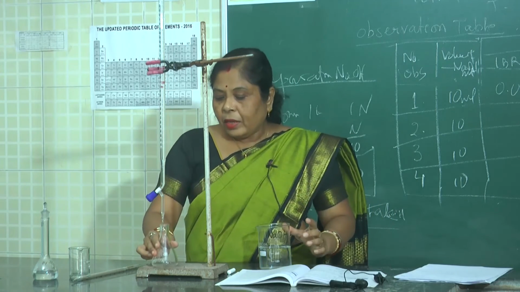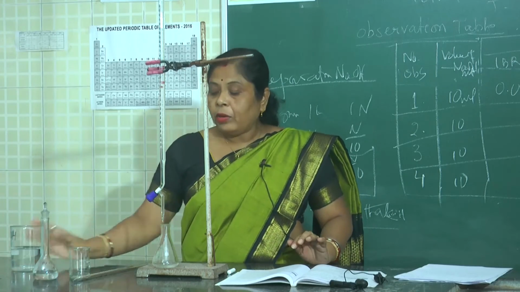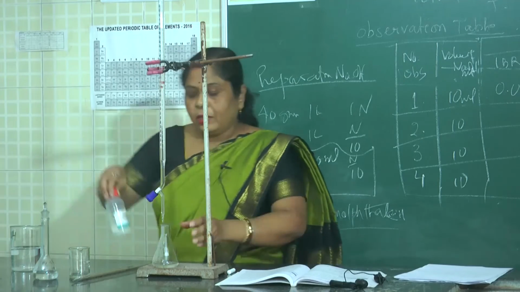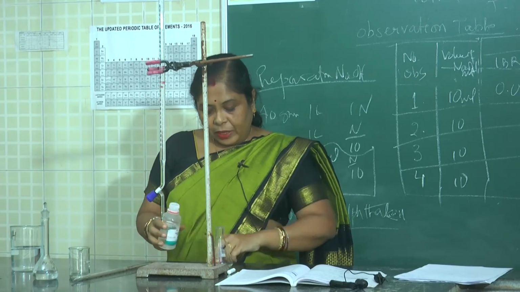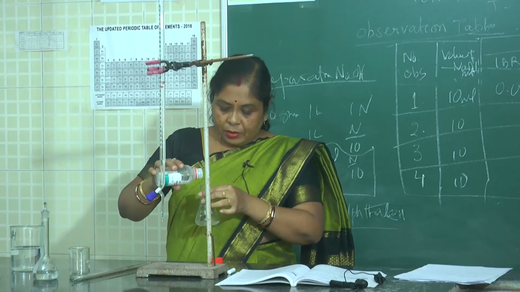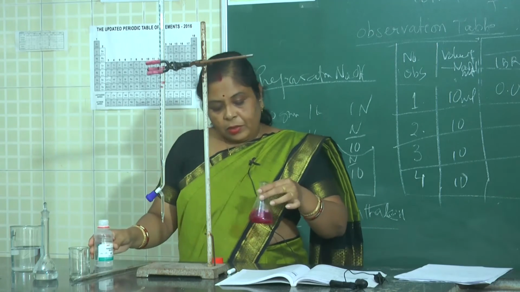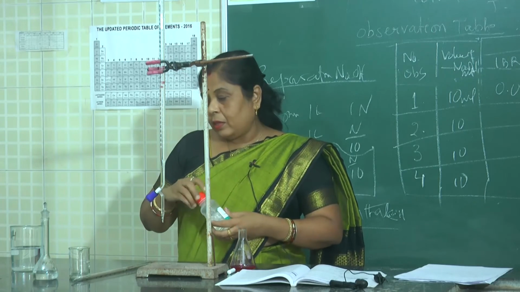Now you have to place the conical flask below the burette, and we have to add the phenolphthalein indicator. Just see what happens when we add the indicator solution. We have to take 1 drop of indicator solution. You see the color is completely dark pink.